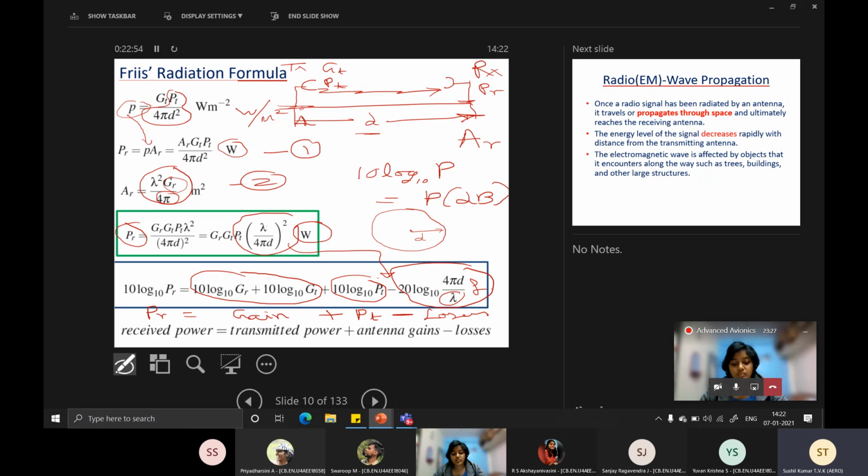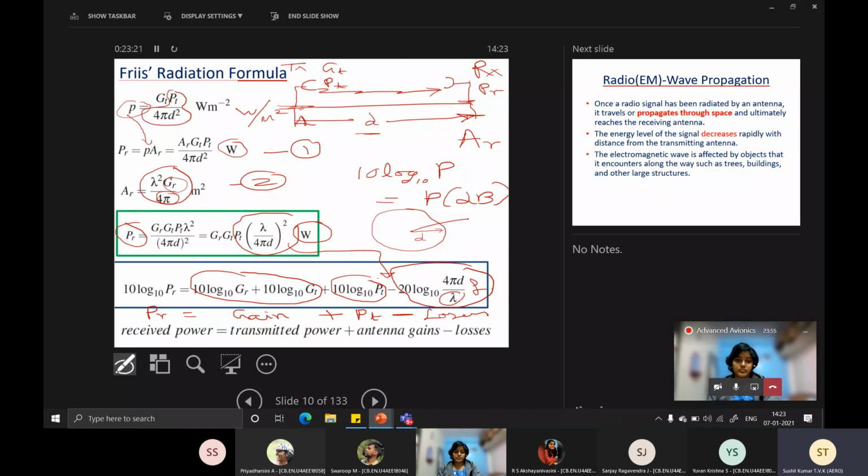It's not logical, right? You seem to be getting more energy than what you have supplied to the antenna. An antenna is a passive device. Okay, the answer is this gain is with respect to an isotropic antenna.